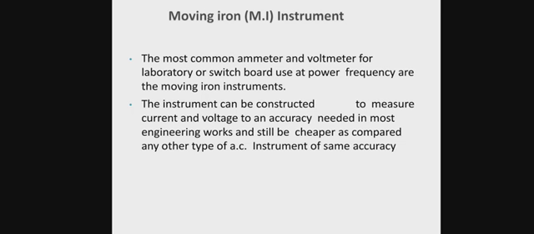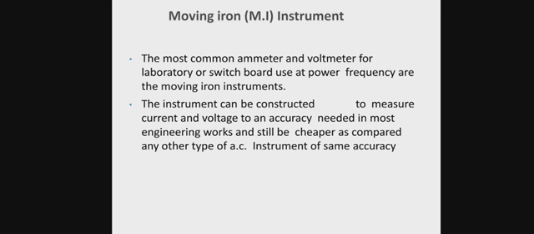It is one of the most accurate instruments used for both AC and DC measurement. The most common ammeter and voltmeter for laboratory use or switchboard use at power frequency are the moving iron instruments.